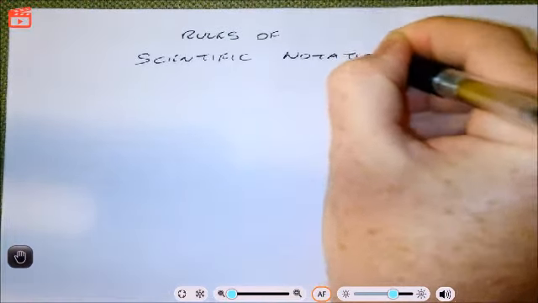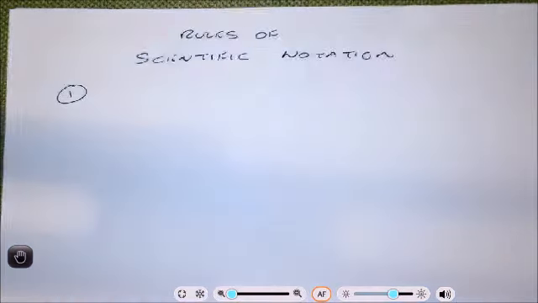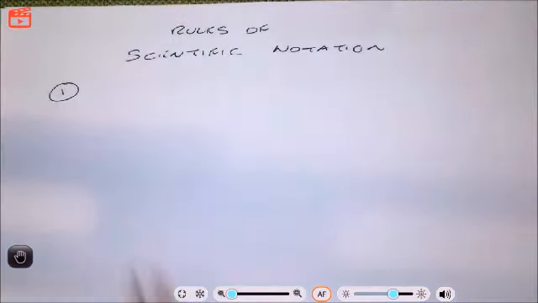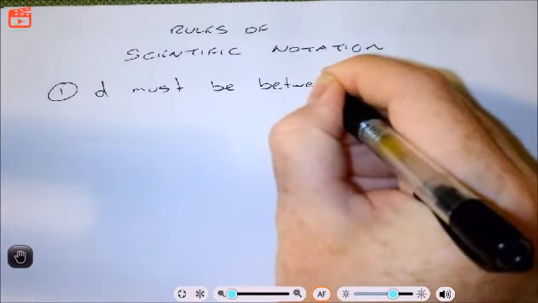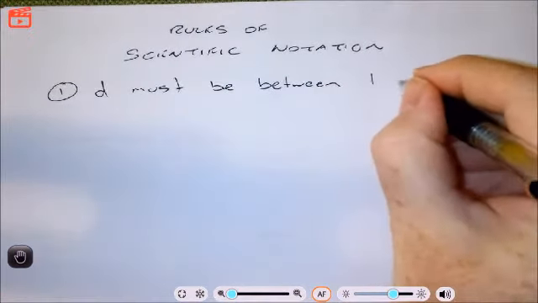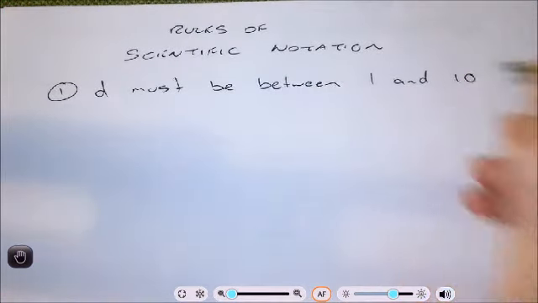Rule number 1, D must be between 1 and 10. The math way to say this is D has to be greater than or equal to 1 and less than 10. We'll look at some examples in just a minute to let you know what that looks like.